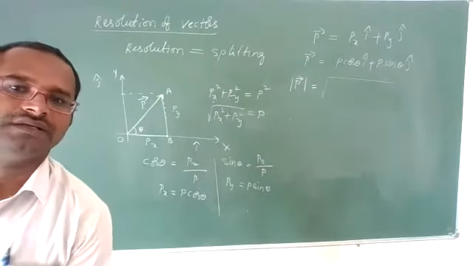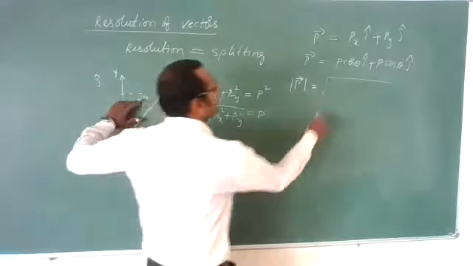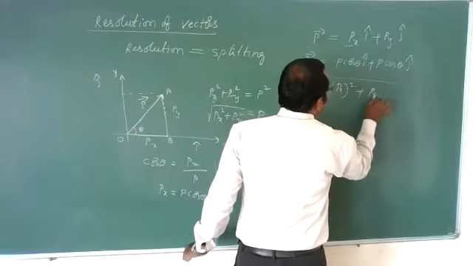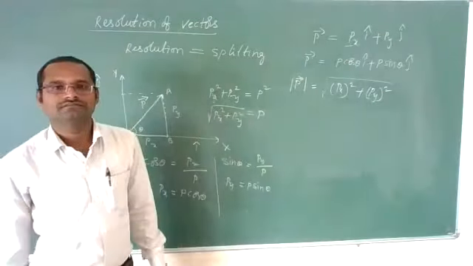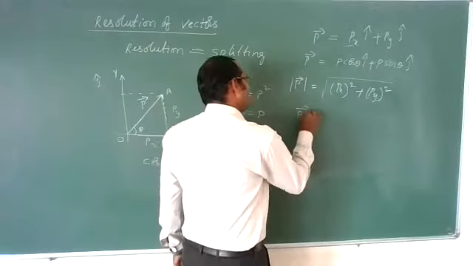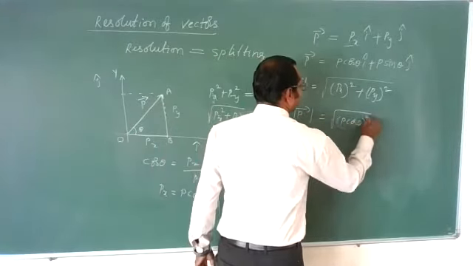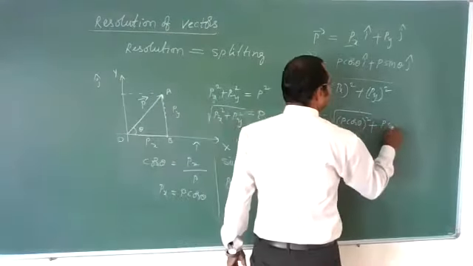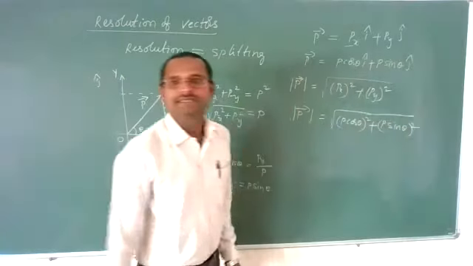Clear? This vector magnitude can be given by x component square plus y component square, under root. What is the x component? P cos theta, whole square. Y component, P sin theta, whole square. Correct?